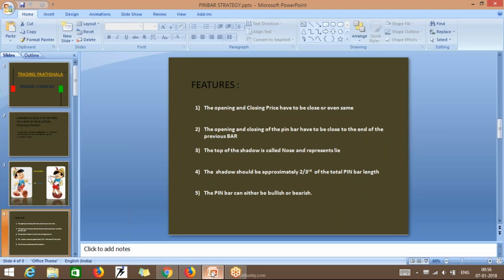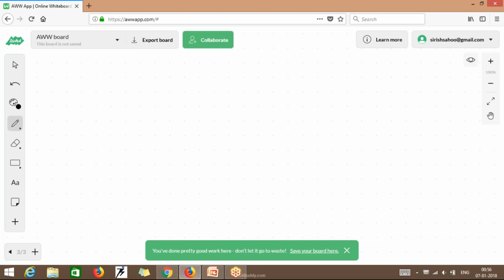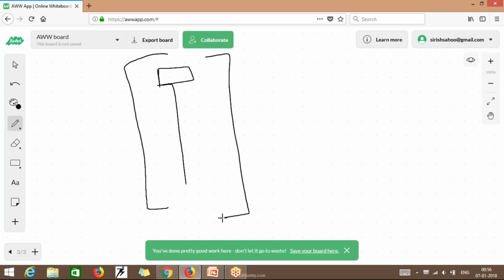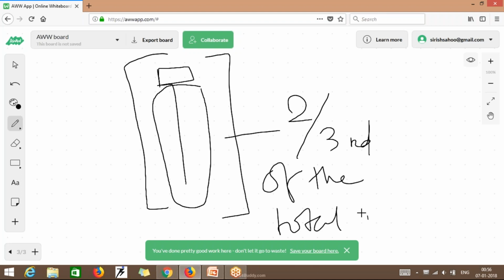The shadow should be approximately two-thirds of the total pin bar length. Let me explain it in detail. If this is the pin bar, this is the total length of the pin bar. So the shadow, this part, should be at least two-thirds of the total pin bar.